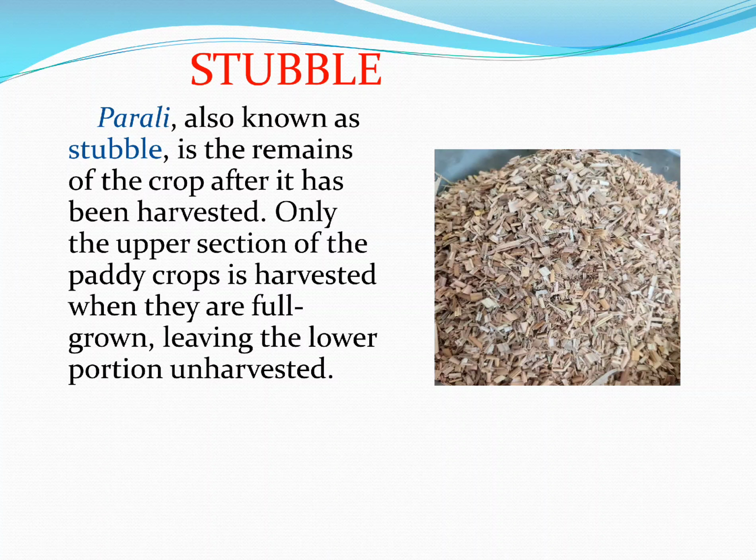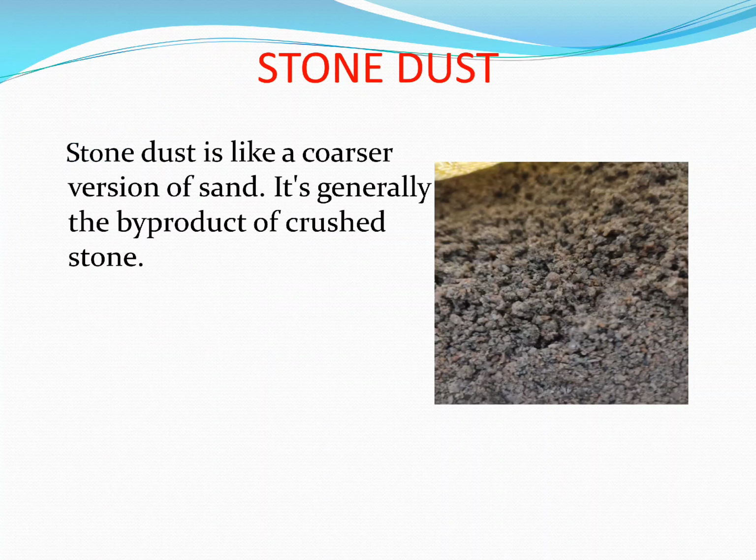Only the upper section of the paddy crops is harvested when they are fully grown, leaving the lower portion unharvested. And next is stone dust. Stone dust is like a coarser version of sand. It is generally the byproduct of crushed stone. The figures of all materials are given.